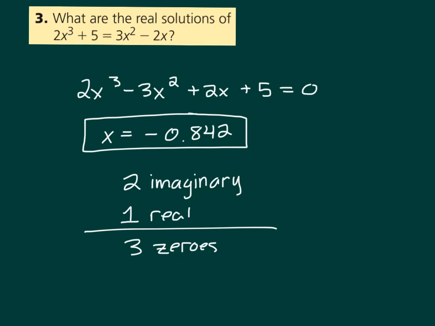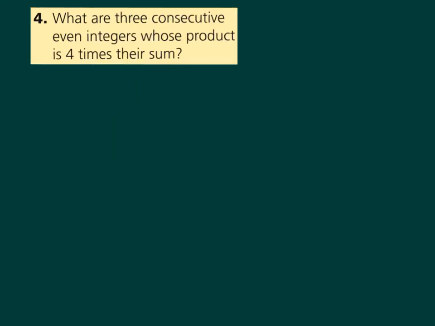That's the idea there. So this is a very interesting word problem. What are three consecutive even integers whose product is 4 times their sum? The first thing we have to do is come up with a way to have an equation that gives us an even number. We have to know it gives us an even number.